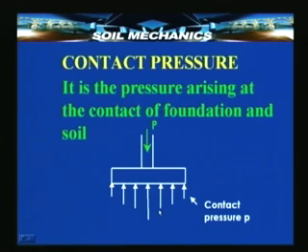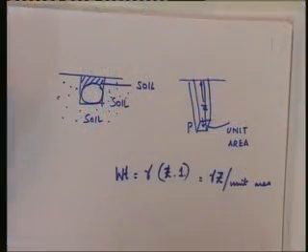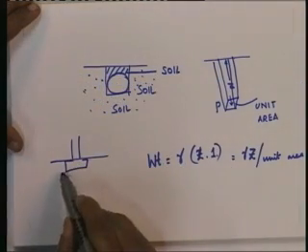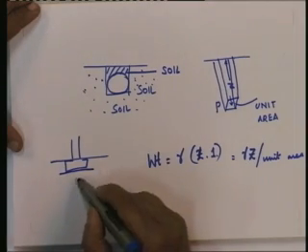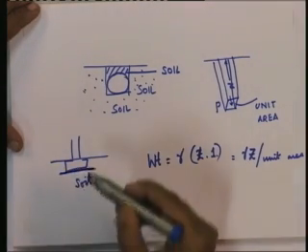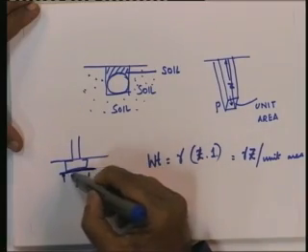For understanding how this vertical stress is computed, we need to understand what is contact pressure. When a foundation is constructed and it is in contact with the soil, if this is the soil and we put a foundation on the soil, it is in contact with the soil below, and it is at this surface of contact that the foundation is actually transmitting its stress.